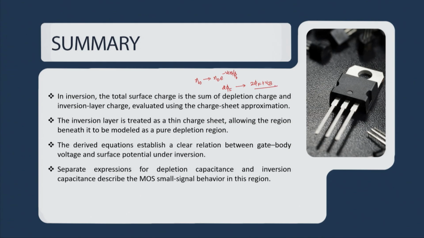This simply says that when you increase VCB at the C to B terminal, you have to have a higher surface potential so that the same amount of inversion can be attained. So, we will stop here for today. Until then, take care.